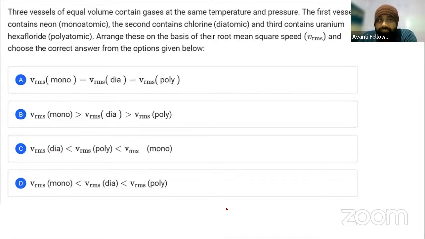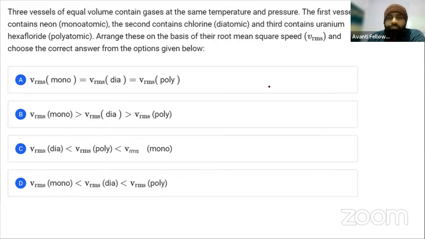Now, three vessels of equal volume contain gases at the same temperature and pressure. The first vessel contains neon, monatomic, the second contains chlorine, diatomic, and the third contains uranium hexafluoride, polyatomic. Now arrange these on the basis of their root mean square speed and choose the correct answer from the options given below.